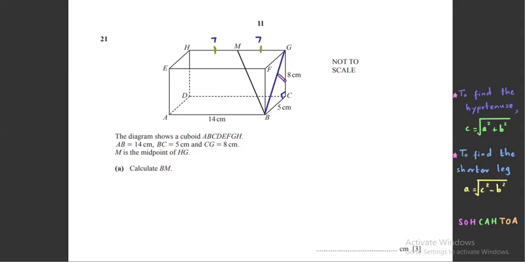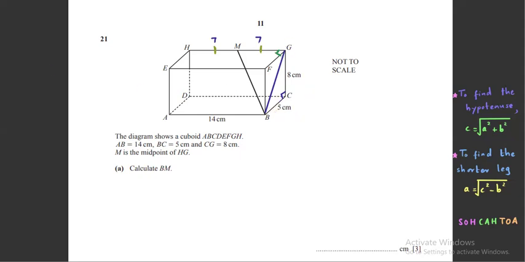If we know BG, then we can make use of this BG and this MG to find BM, because this part also will be a right-angled triangle when we apply Pythagoras' theorem. If we imagine slicing through this, we can understand that this will be a right angle as well.